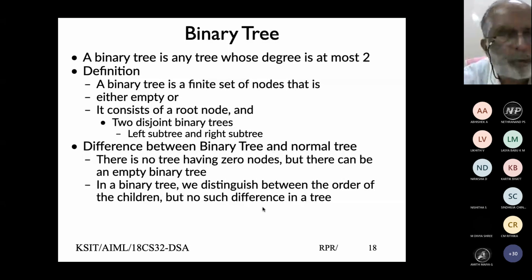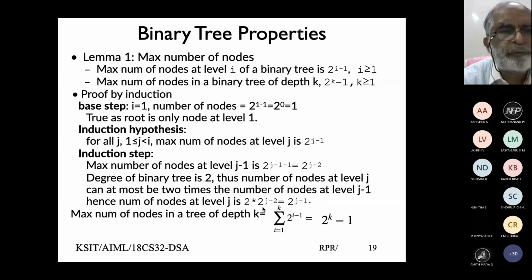And then we looked at the binary tree properties, saying basically what is the max number of nodes in a binary tree. The max number of nodes at any level i is 2 raised to the power i minus 1, and the max number of nodes in a binary tree of height k or depth k would be 2 raised to the power k minus 1.